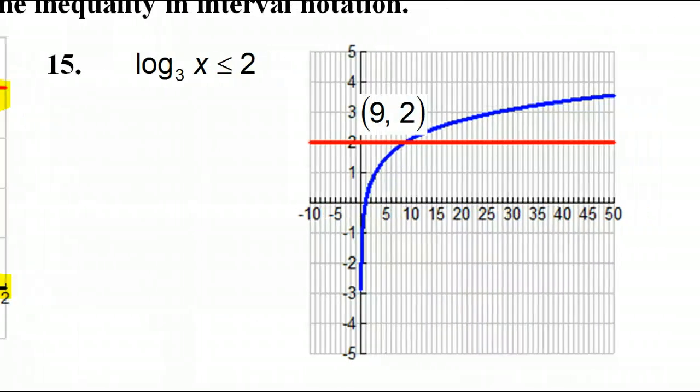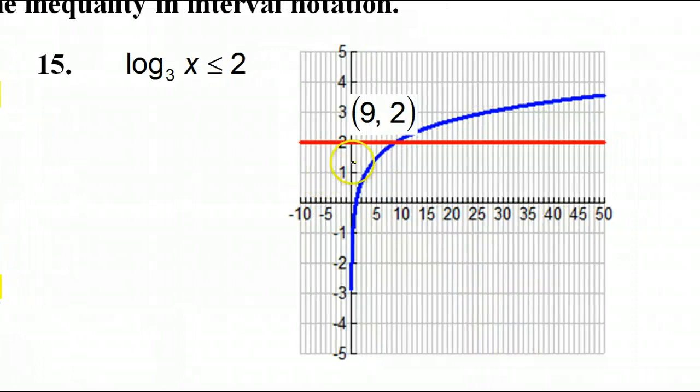Trust me. Okay. Once again, this is our critical value right here where they intersect. This says the function has to be less than or equal to 2. So is that above or below? Okay, well, once again, that is below. So is it this part or this part?